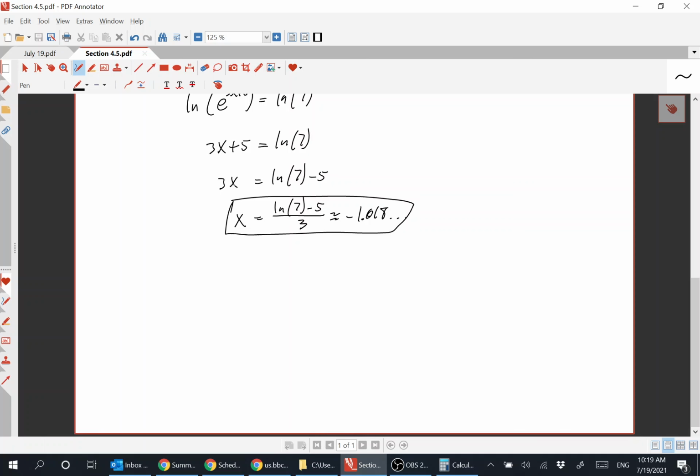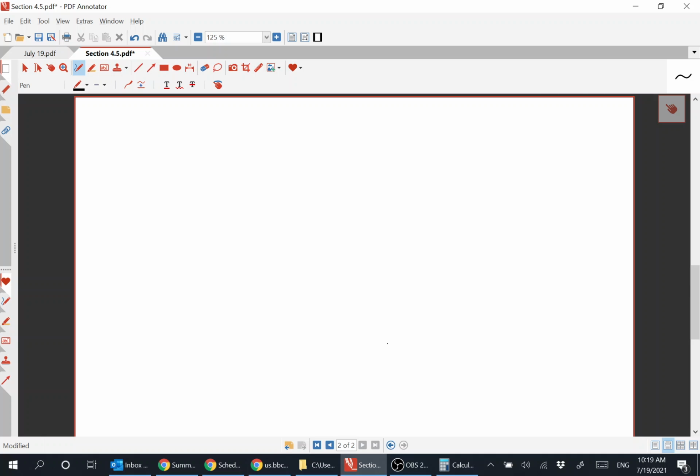So here's something a little bit different, although it boils down to the same thing. Again, solve for x. Suppose I have e to the 2x minus e to the x minus 12 equals 0.